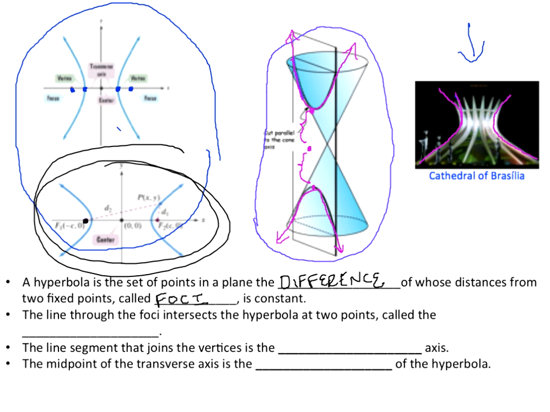I have a focus here and a focus here. If we're focusing on this rightmost branch of the hyperbola, say this point here, I have this distance and this distance from both foci. And as I move along the hyperbola, that difference between the distances is what remains constant.